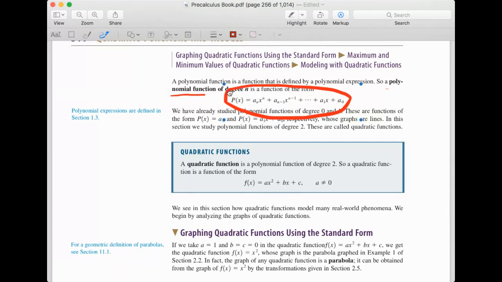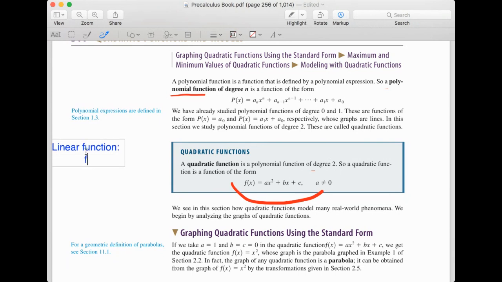And n, so degree n polynomial. Let's see quadratic function. A quadratic function usually will have standard form like this: ax squared plus bx plus c. So this is degree 2 because n equals 2. All right. So a quadratic function is a polynomial function of degree 2. What about linear function? Let me write one linear function on the side.